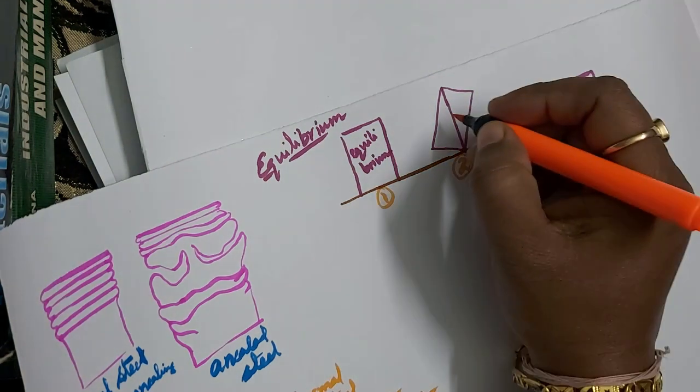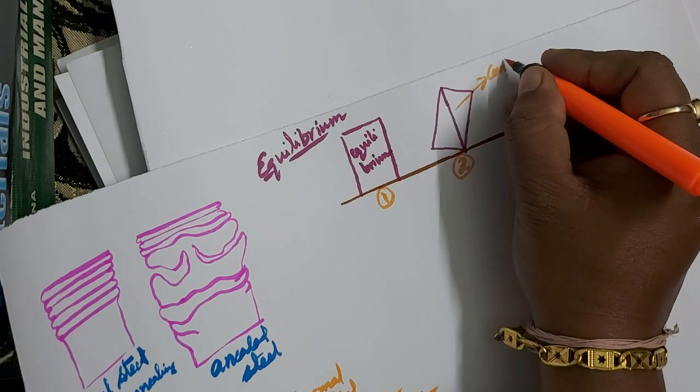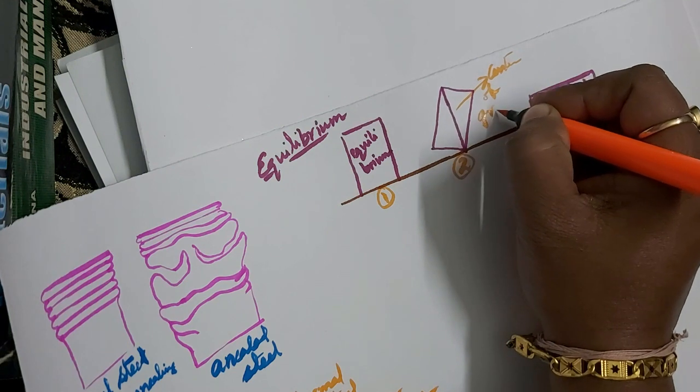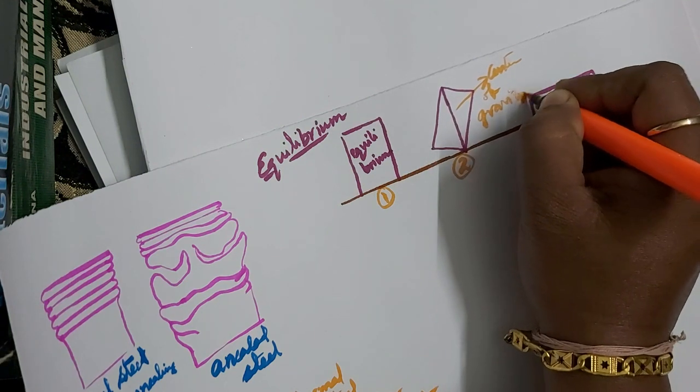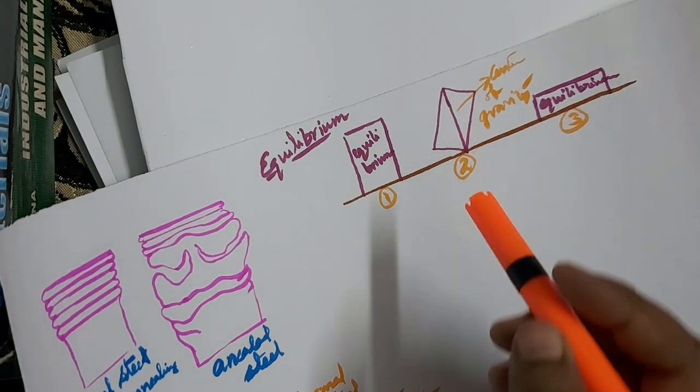This is the center of gravity. So number two has maximum potential energy, due to which it always wishes to come to an equilibrium position, either on this side or on this side.